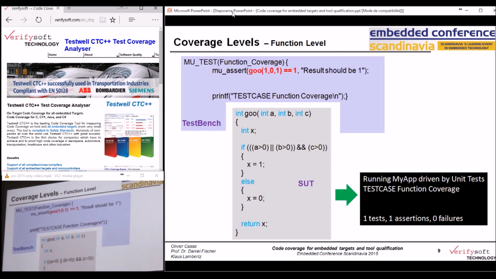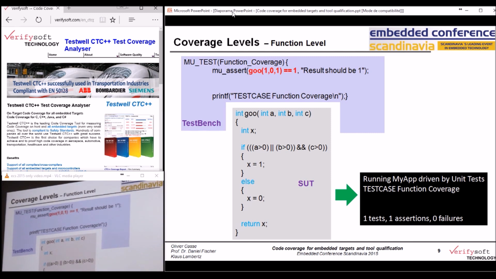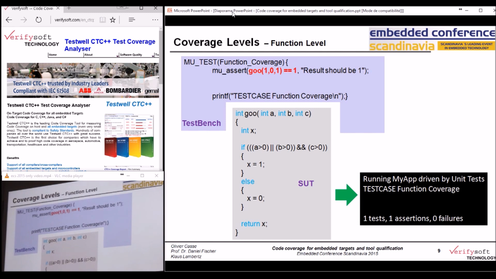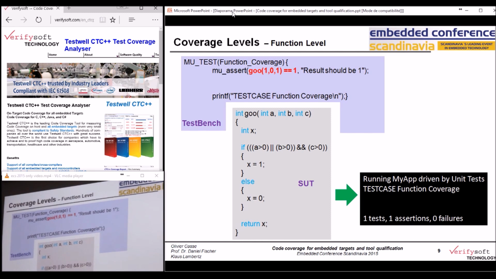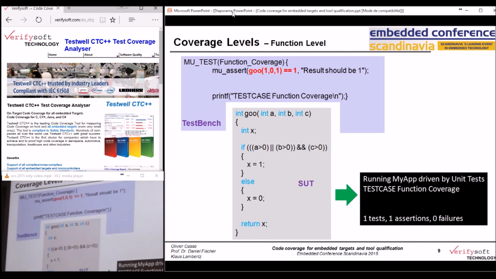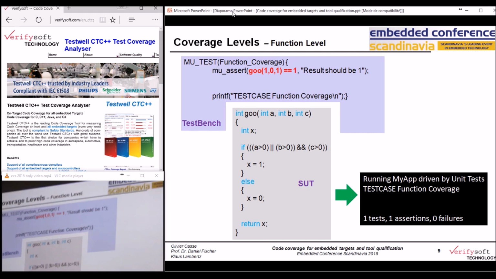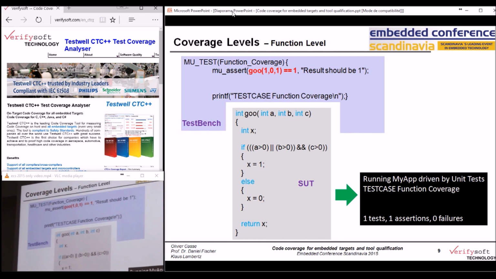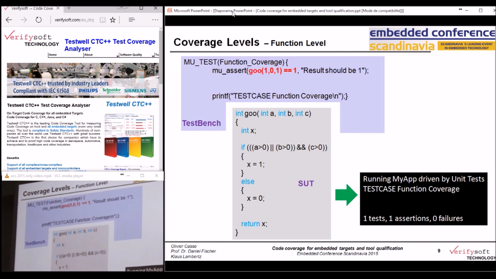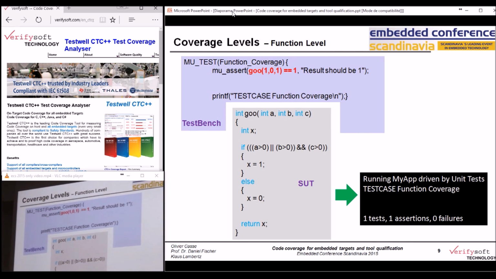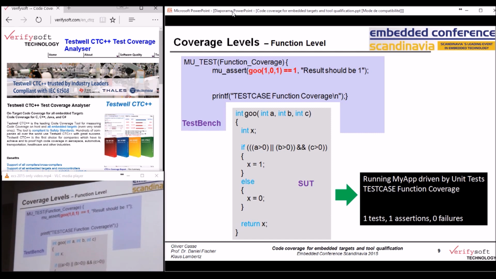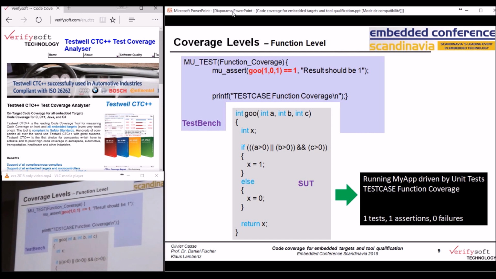And in red, you can see that for the view, the three parameter values will be 1, 0, 1, and then the expected result should be 1. In blue, purple, you can see what we call a test bench. And this test bench is run against your software under test, here in the gray box.